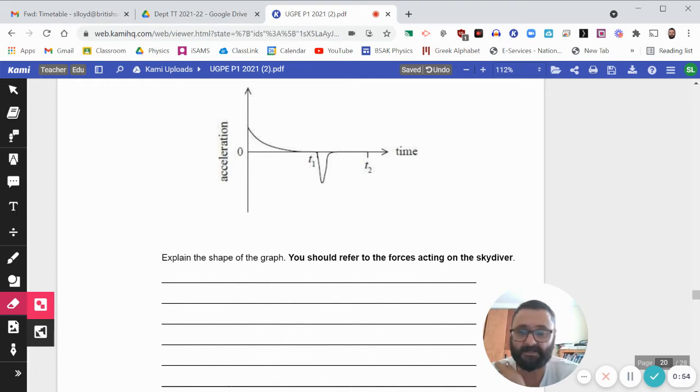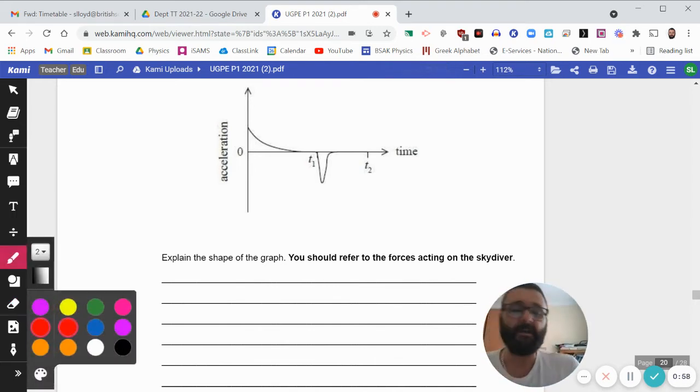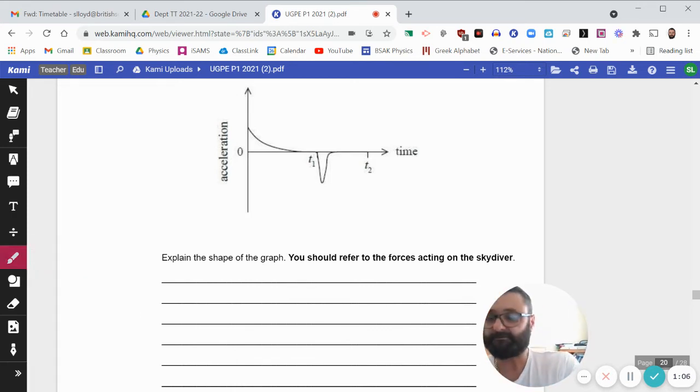Okay? Right, so let's describe the features of the graph first, because I think that's always a good start, and then we can explain them individually. Right, at the start, acceleration is maximum. Okay, so we've got a positive acceleration, so it looks like we're taking downwards as positive here.